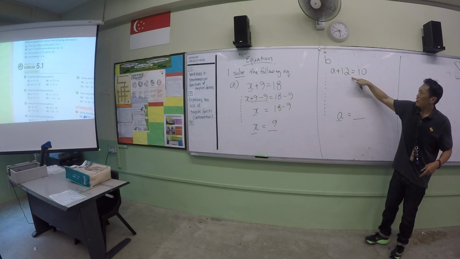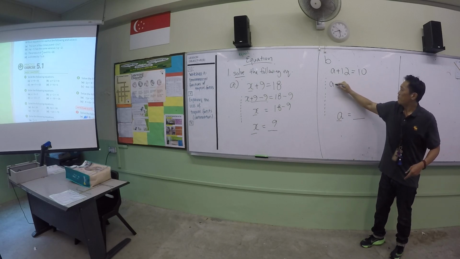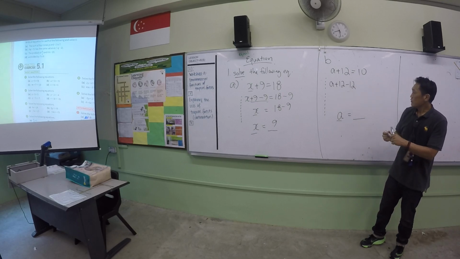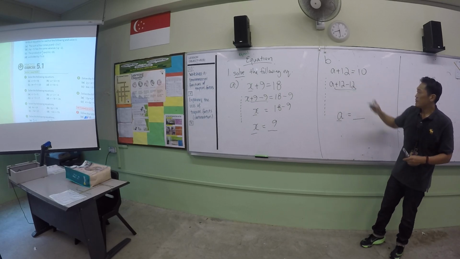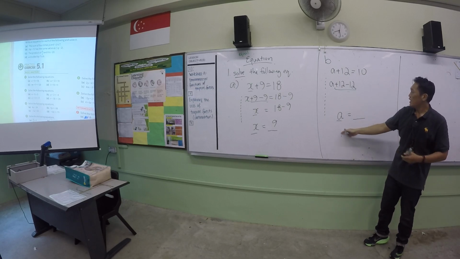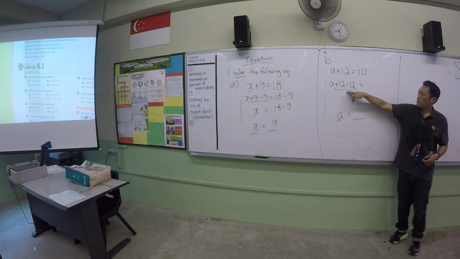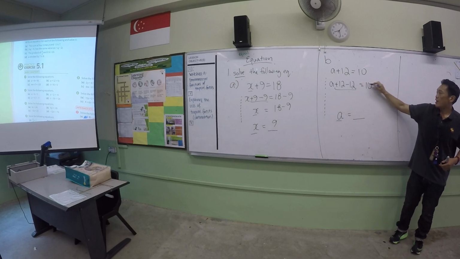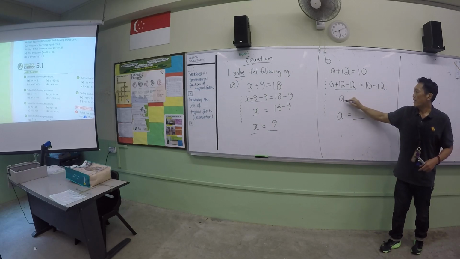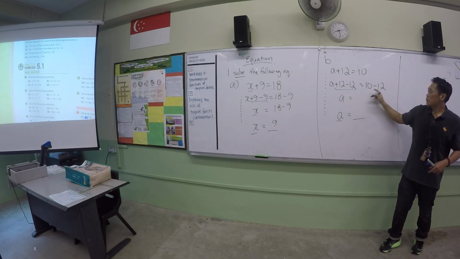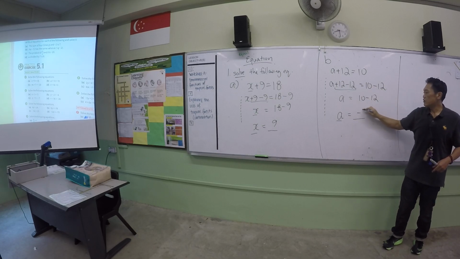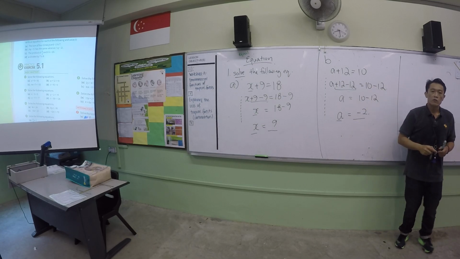Means I want to remove 12. I purposely minus 12 so that this pair will become 0. Then I can have only A. And because I minus 12 on left, I must minus 12 on the right. Which is why A plus 0 equals 10 minus 12. A equals negative 2.